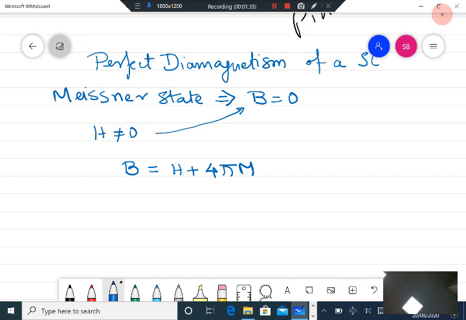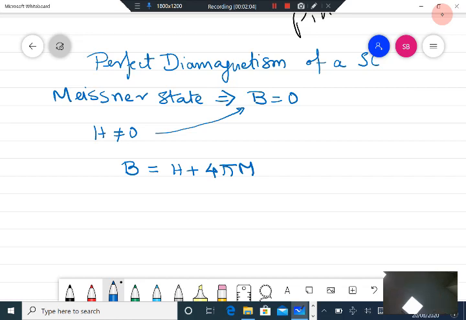If you apply a magnetic field H, the system also develops shielding currents. The system responds by setting up currents inside the material, and these currents generate the magnetization. So there are local magnetic fields which add on to the external field, and therefore B is the applied field plus the field due to the currents generated inside the material.